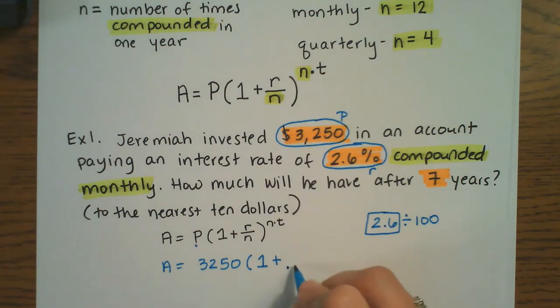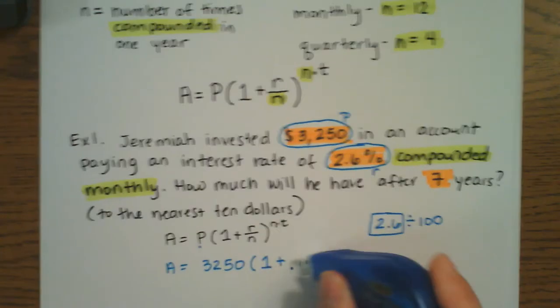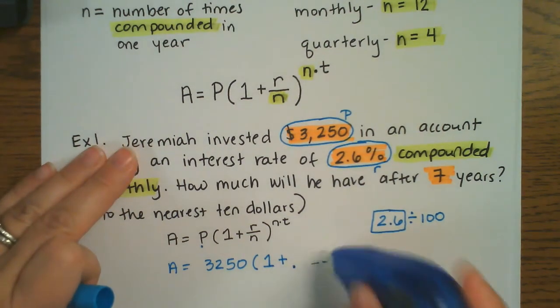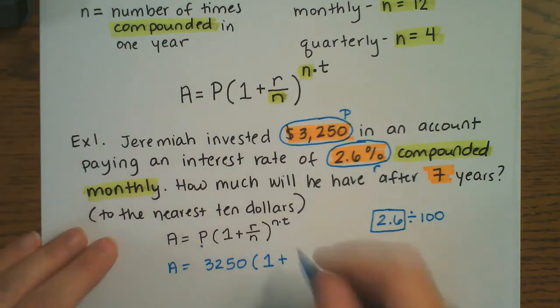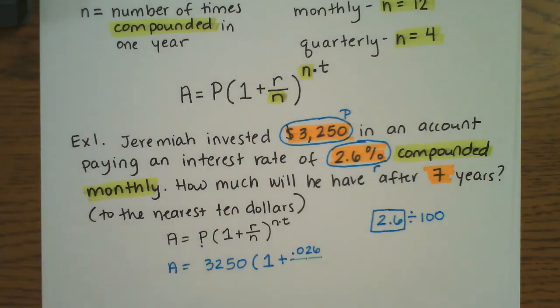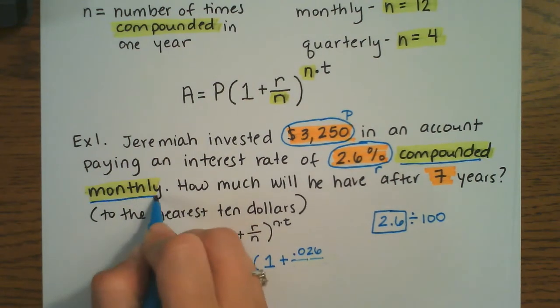It should be 0.026. .026 divided by, compounded monthly, it's 12 months in a year.